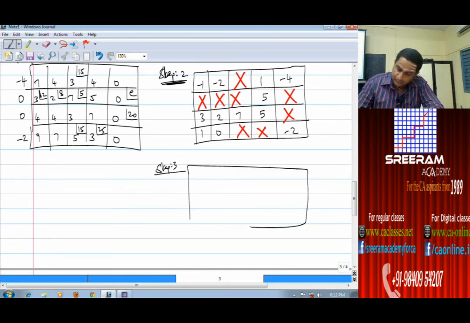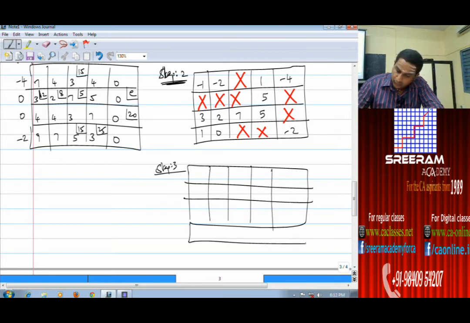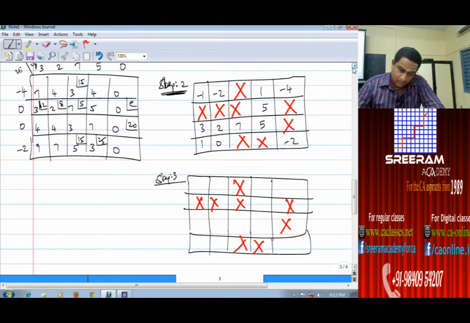Step 3. Seven minus of minus 1, 8, 4, 6, 4 minus 3, 1, 4, 0, 1, 2, minus 4, 2, 8, 7, 2.